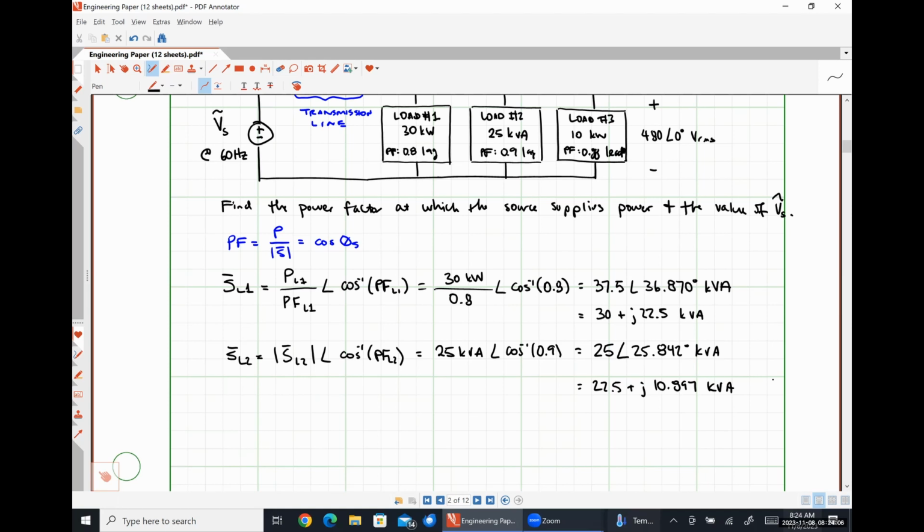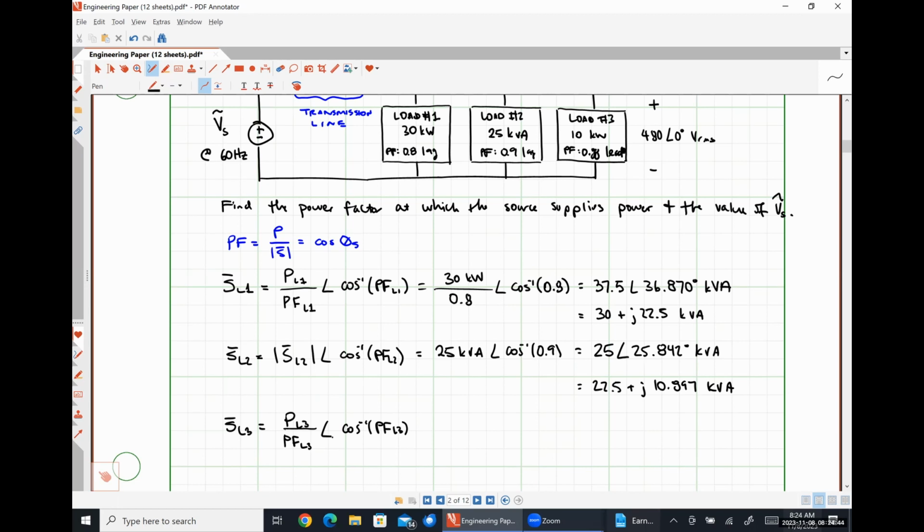All right. So for load 3, we're going to have the average power because we were told the power in kilowatts. So this is going to be PL3 divided by PF for load 3 with an angle of inverse cosine of PFL3. Now, to answer Christina's question, how do we take into account leading and lagging?